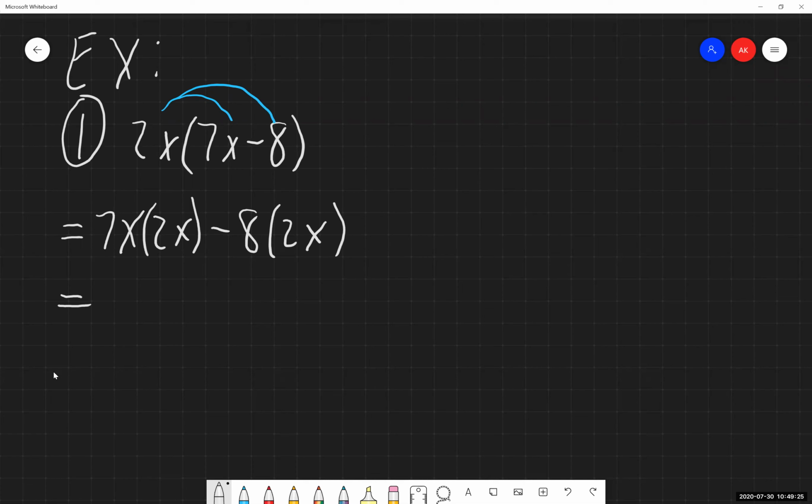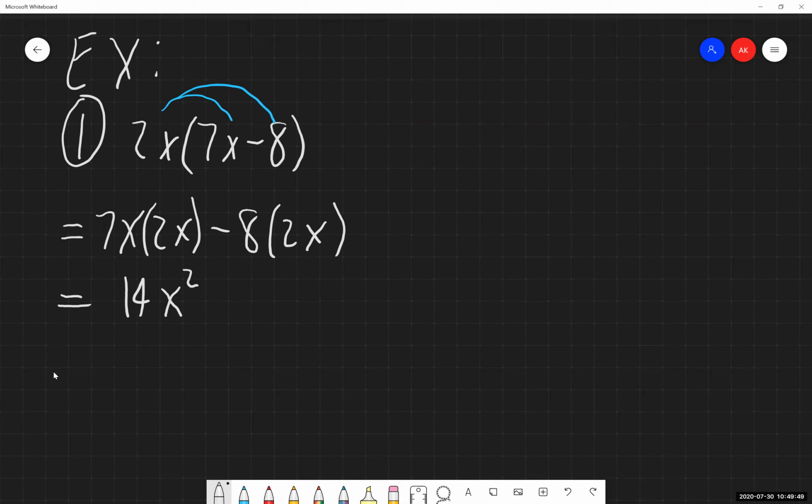Now from here, 7x times 2x, numbers first. 7 times 2 is going to give me 14. x times x, that's going to give me x squared. Using the properties from yesterday, the product rule: if the bases are the same and multiplying, the exponents add together.